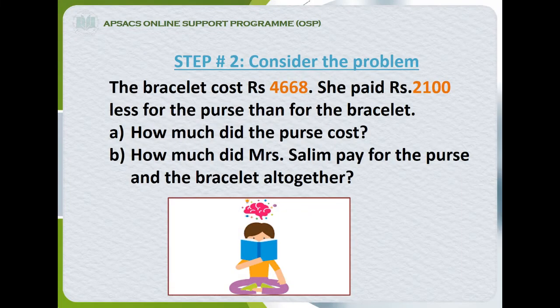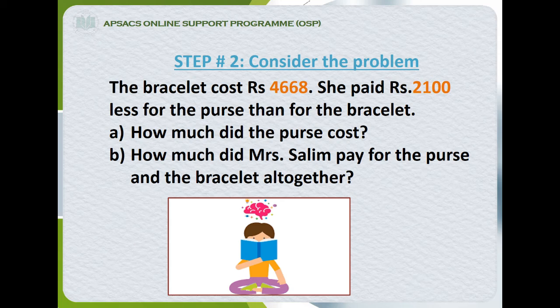So step number 2 is consider the problem. Consider means we have to underline the important information. So we know the bracelet cost, that is 4,688, and we don't know the cost of the purse, but we know that the purse cost is 2,100 less than the bracelet.